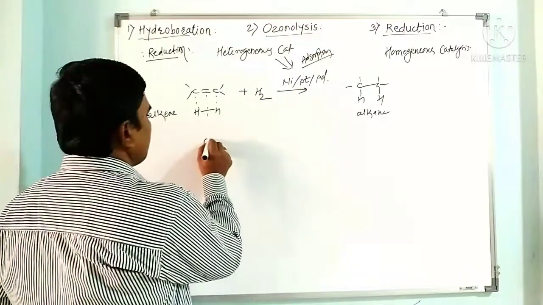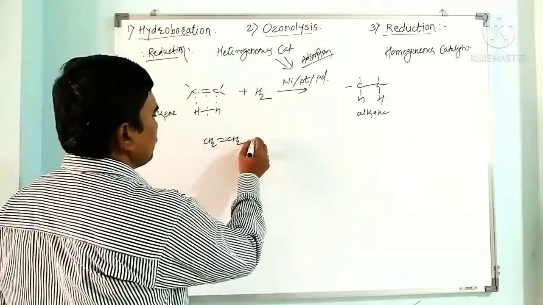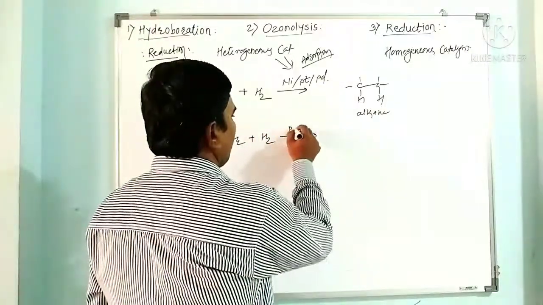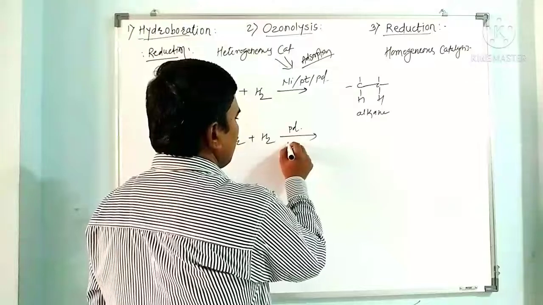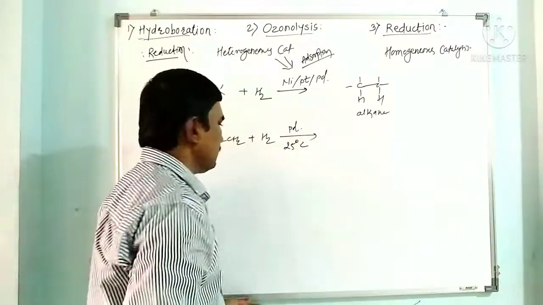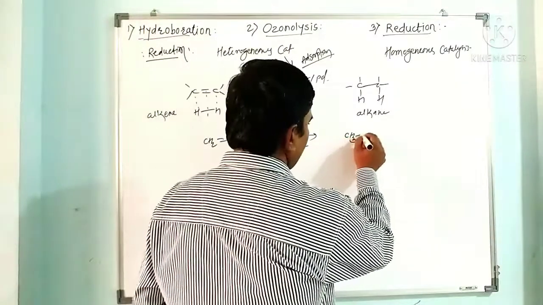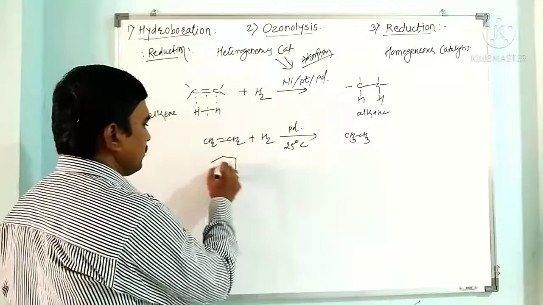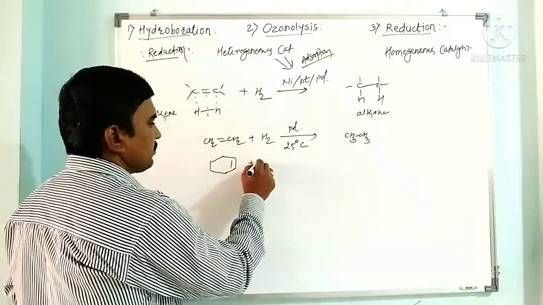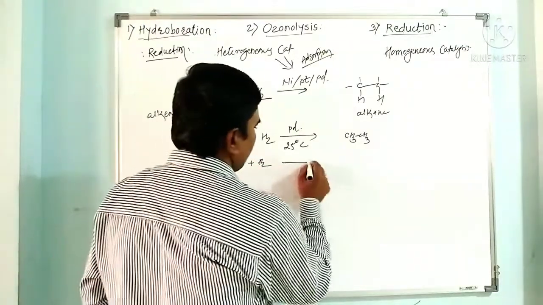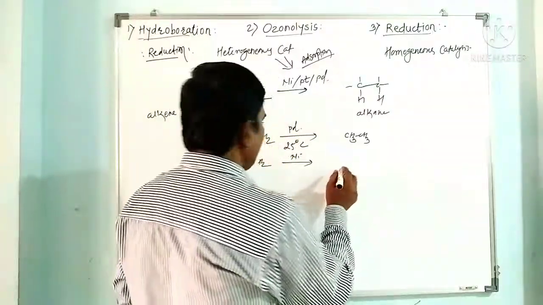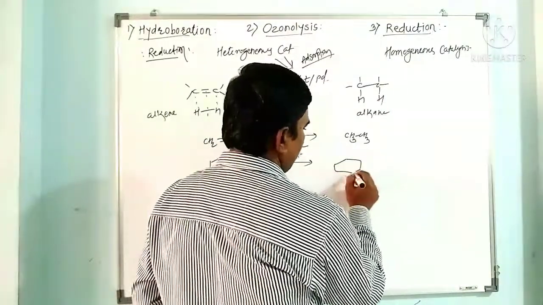When we have a simple alkene such as CH2 double bond CH2 reacting with hydrogen in presence of palladium catalyst at around 25 degrees Celsius, we get ethane, CH3 CH3. When cyclohexene reacts with hydrogen in presence of nickel catalyst, we have cyclohexane.